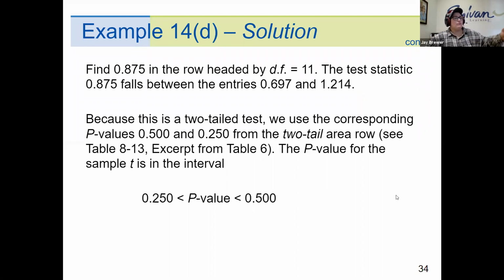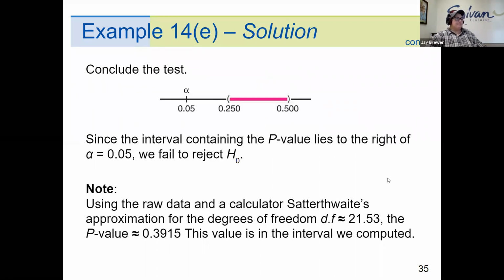So your p-value is going to be between 0.250 and 0.500, which is above alpha. So the p-value lies above your alpha. So we fail to reject the null hypothesis.